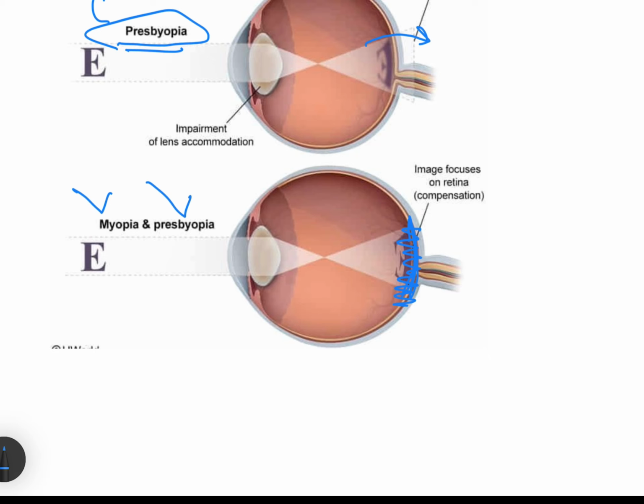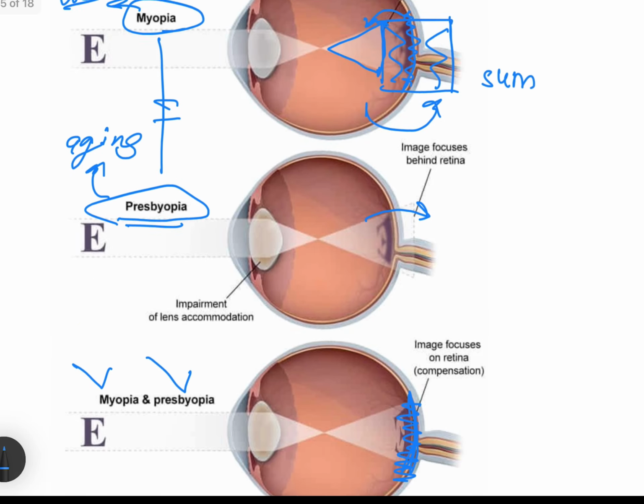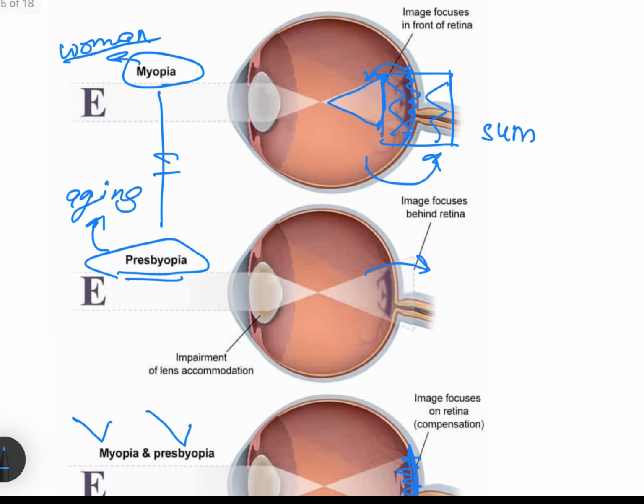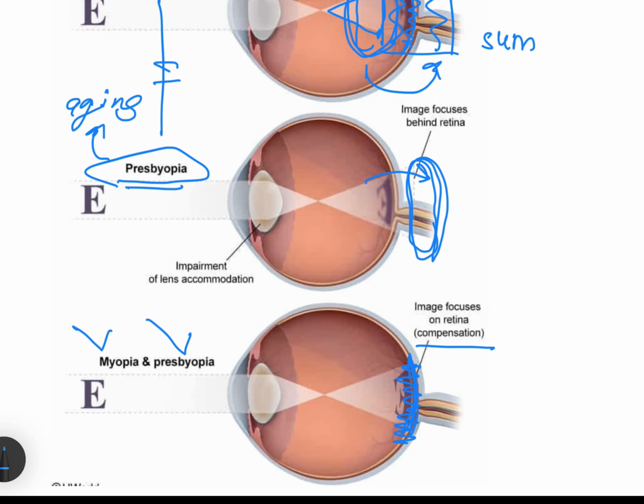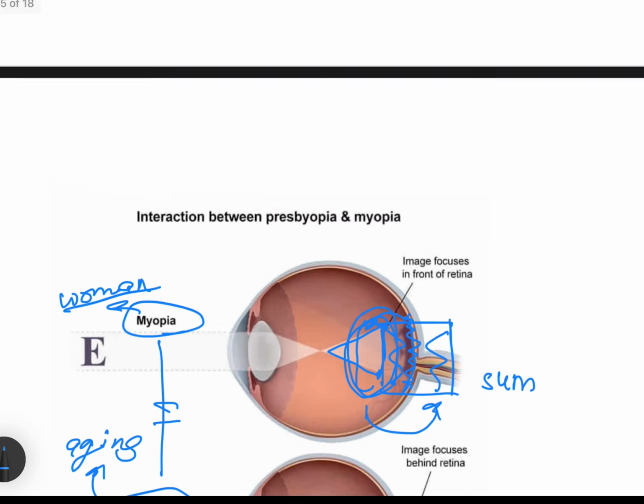Do you guys understand? In myopia, the image is going to show in front of the retina, but in presbyopia, images are focused behind the retina. But when we combine both diseases, myopia and presbyopia, they make a compensation, and now the image is going to focus on the retina and eyesight becomes better in that moment.